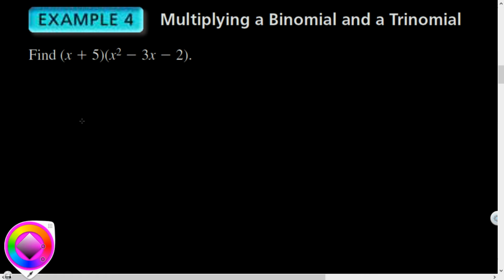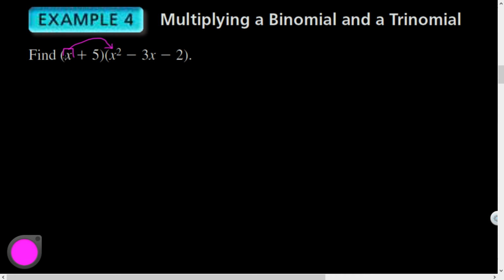So I'm going to take this x and give it to everybody in this other set of parentheses. And there's 3 terms in there this time. So let's see, x times x squared. Uh-oh. What are your thoughts on that? X times x squared. I have to add the exponents. What is that going to be?